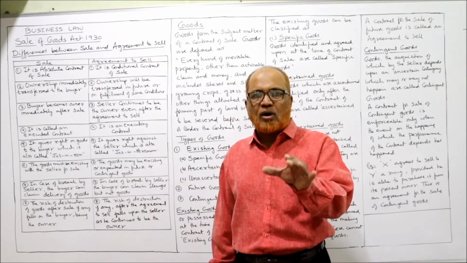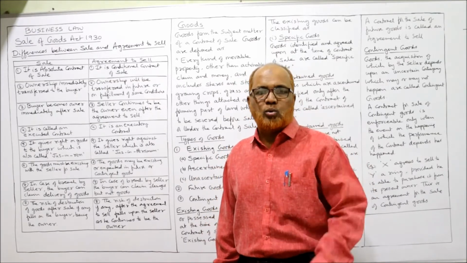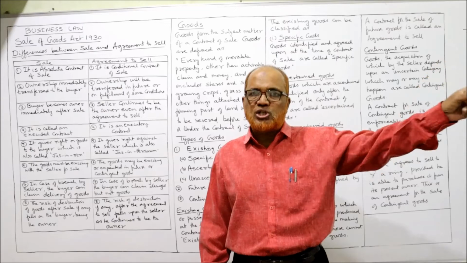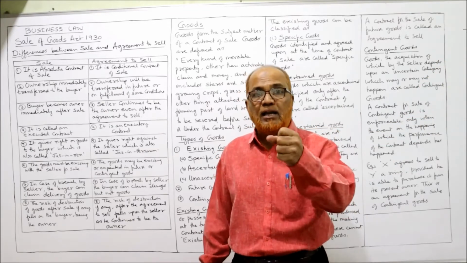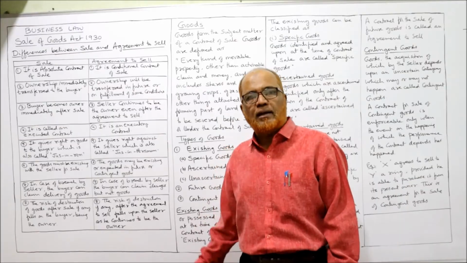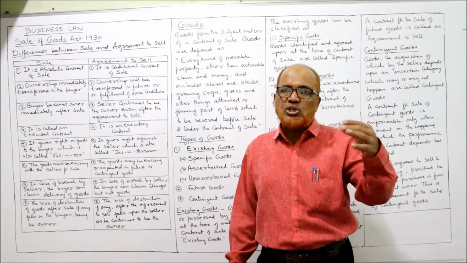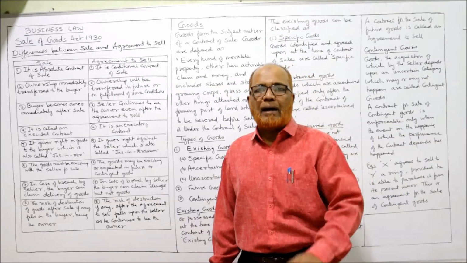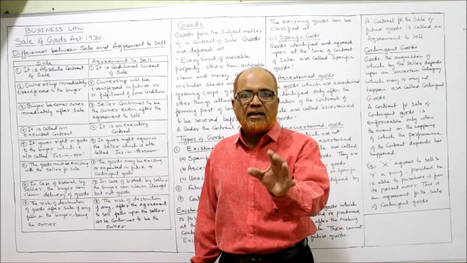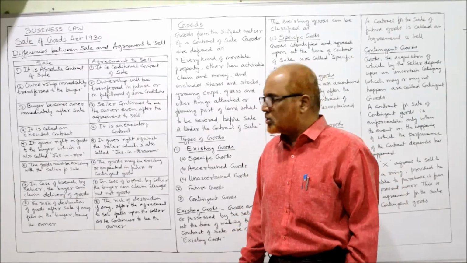If there is a breach of contract by the seller, the buyer can claim the goods. The buyer can sue the seller in a court of law and demand the goods in case of contract of sale. But in case of agreement to sell, the buyer can sue the seller only for damages. Personally, he can sue for damages. He cannot demand the goods.